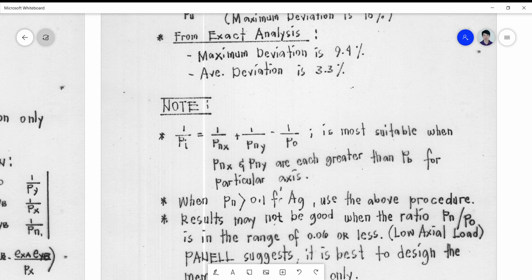For bigger values of Pn, your accuracy becomes better. So for PB values, this has some effect on the shape of the diagram. So it's difficult to really connect the accuracy in terms of the PB value here.